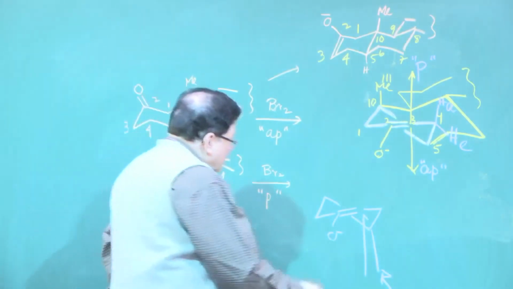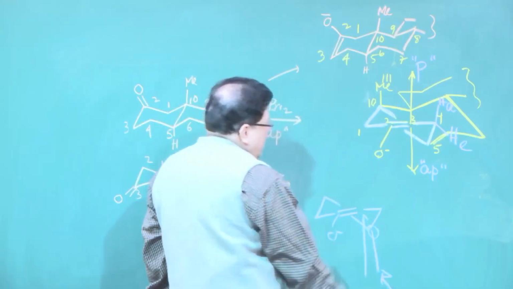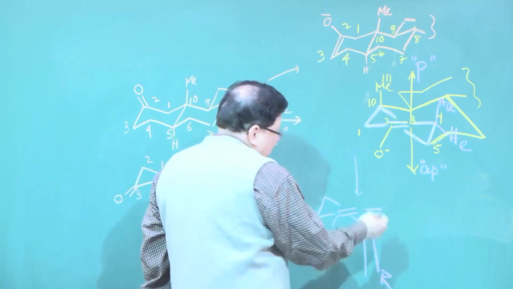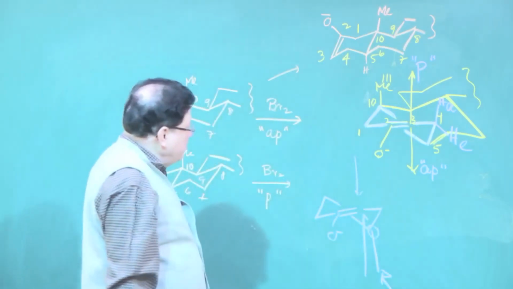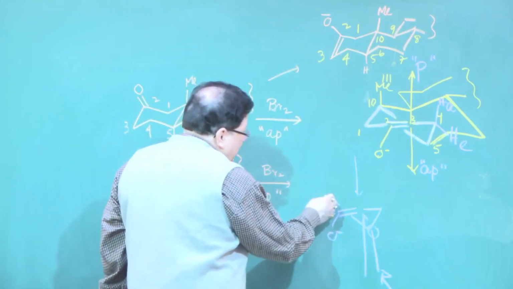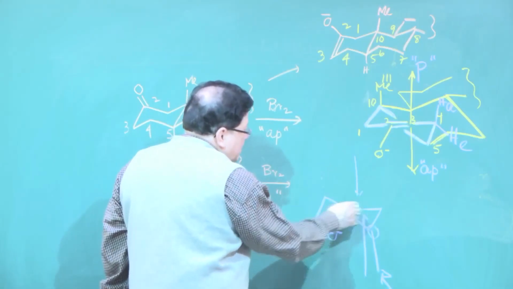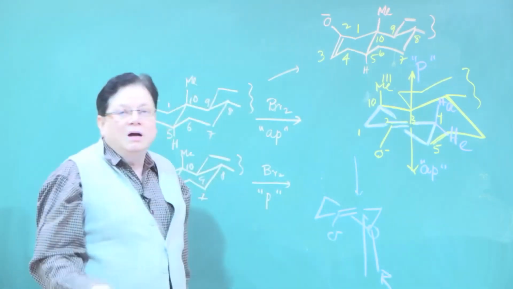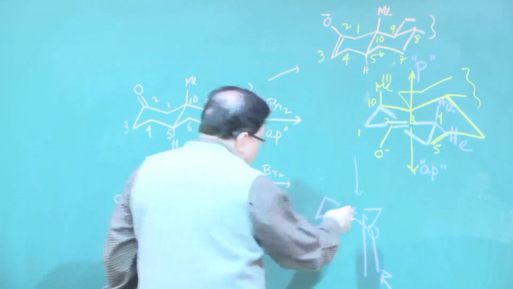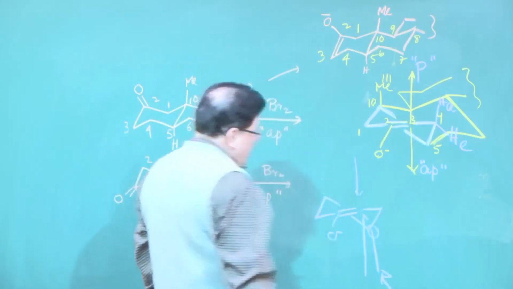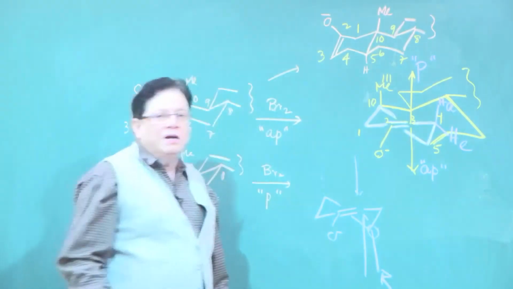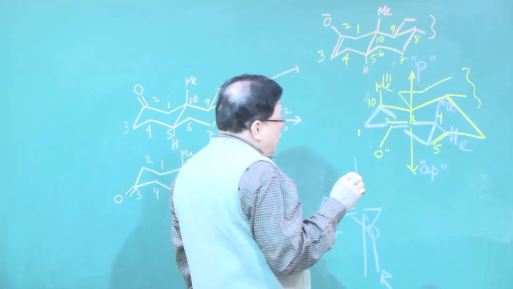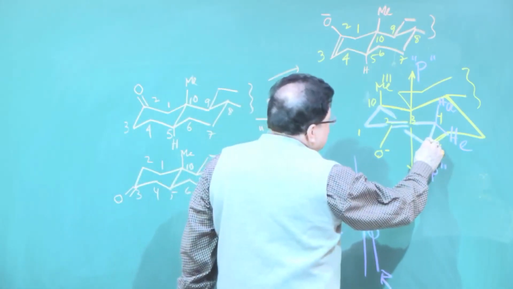So you have to find out whether there is a big axial group at this point. On the other hand, this is the parallel attack. Parallel attack does not encounter such 1,3 diaxial interaction, because the closest axial position will be here, but that is too far away. That is 3 carbons away, whereas this one is 2 carbons away, and that is the perfect orientation for a 1,3 diaxial interaction. So you have to look whether there is any severe 1,3 diaxial interaction or not. In this case, there is only a hydrogen here.